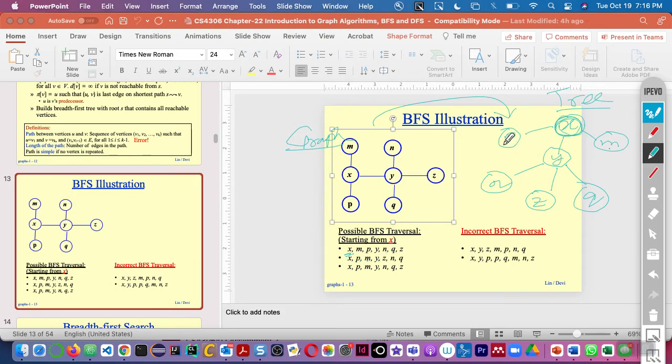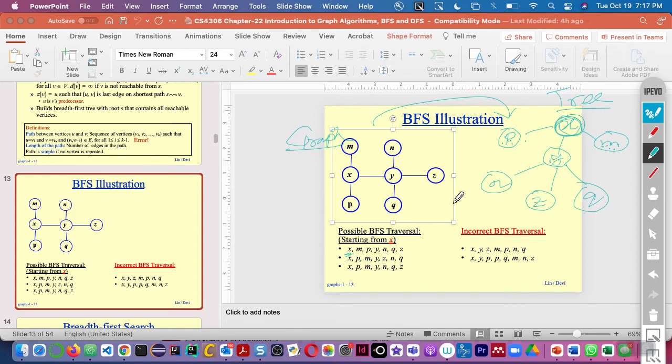But if order matters, then you can say P, Y, M is one order, M, Y, P is another order, Y, P, M another order, Y, M, P another order. Recall that a minute ago, whenever we discussed depth first search for a tree, we did not go from right to left, but we went in-order, pre-order, post-order, right?